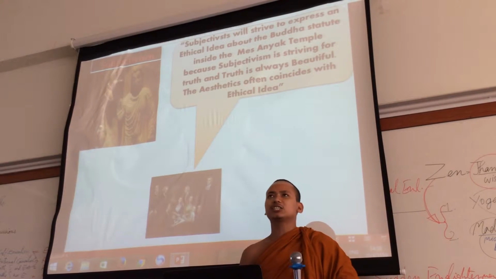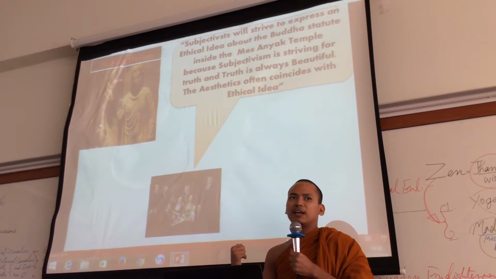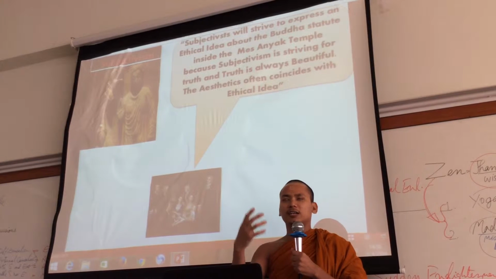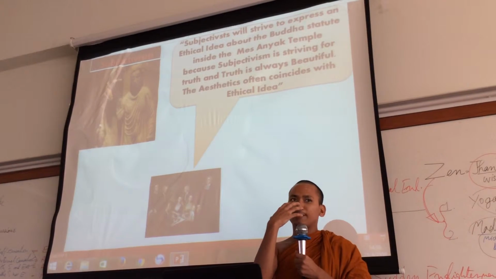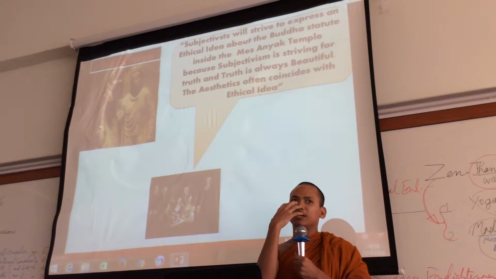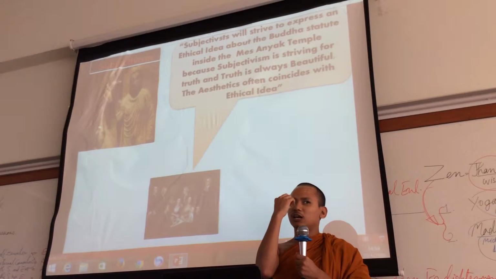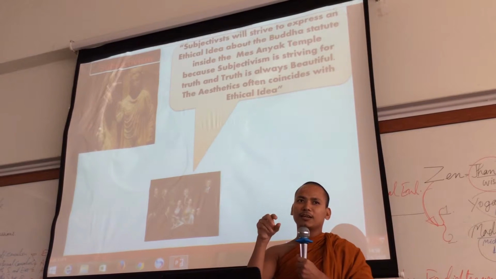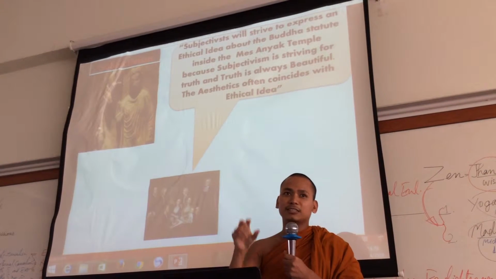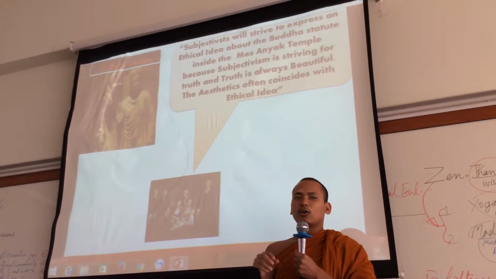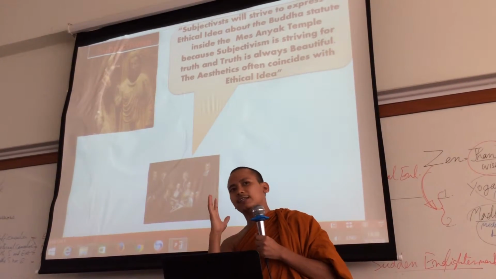For example, I stand in front of the Anyak Buddha statue, right? And I try to understand when the Buddha looks at me, how his eyes are looking at me. For example, do his eyes have compassion, or does his face show something like that?